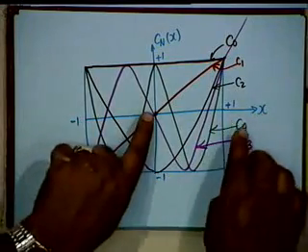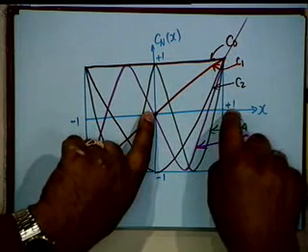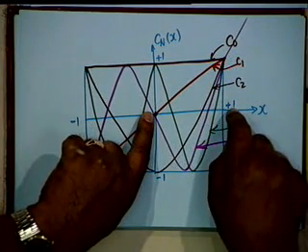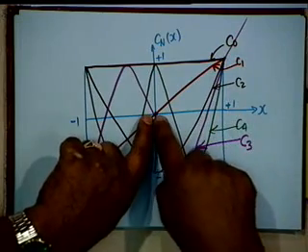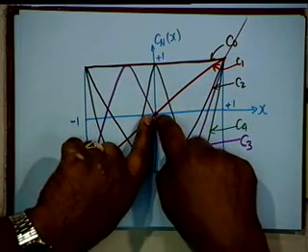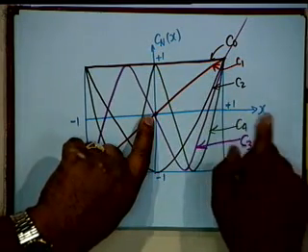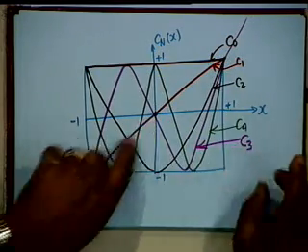Now, our concern is between 0 and plus 1. We only consider positive frequencies, and 0 for x shall correspond to capital omega equal to 0, plus 1 for x shall correspond to capital omega equal to omega p.